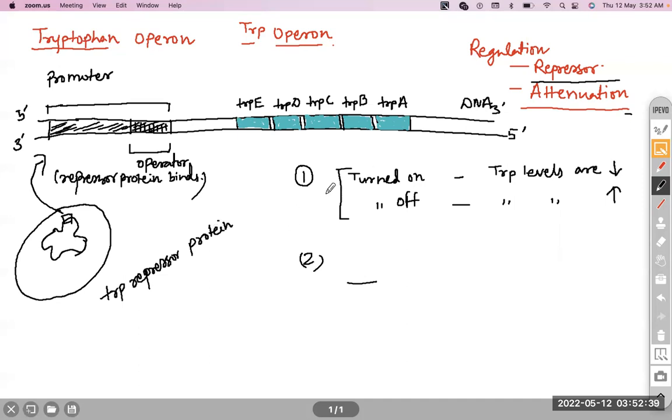In this case, this is regulated by turned on, turned off. When TRP levels are high, the TRP repressor protein is there. When this TRP repressor protein can bind with tryptophan, and it can also bind to the DNA, other side.